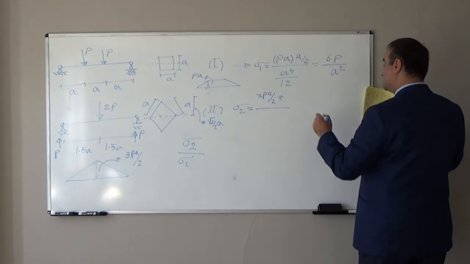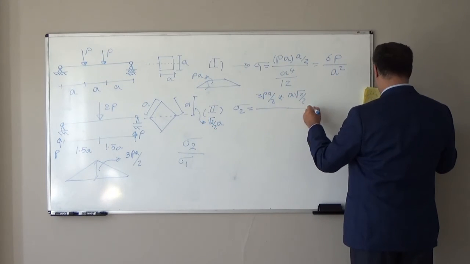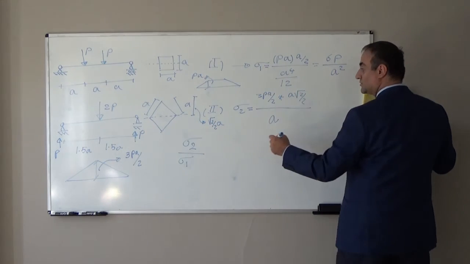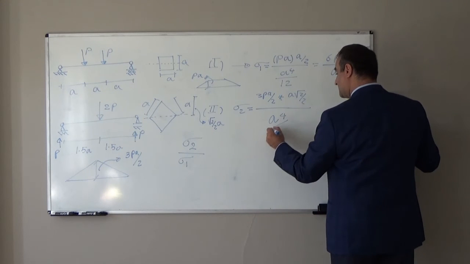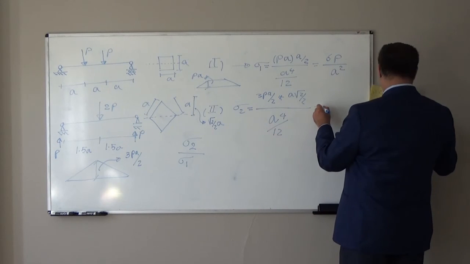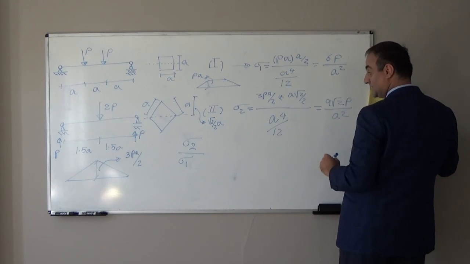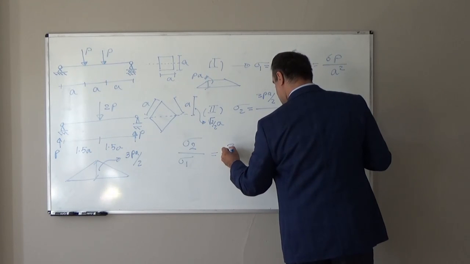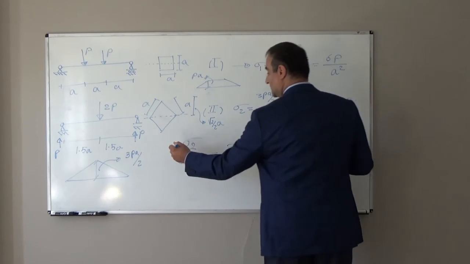So here we will put a square root of 2 over 2, and I for this kind of diamond shape will be again A to the power of 4 over 12. From here this will be 9 square root of 2 P over A squared. If we plug in here, this ratio will be 3 square root of 2 over 2.